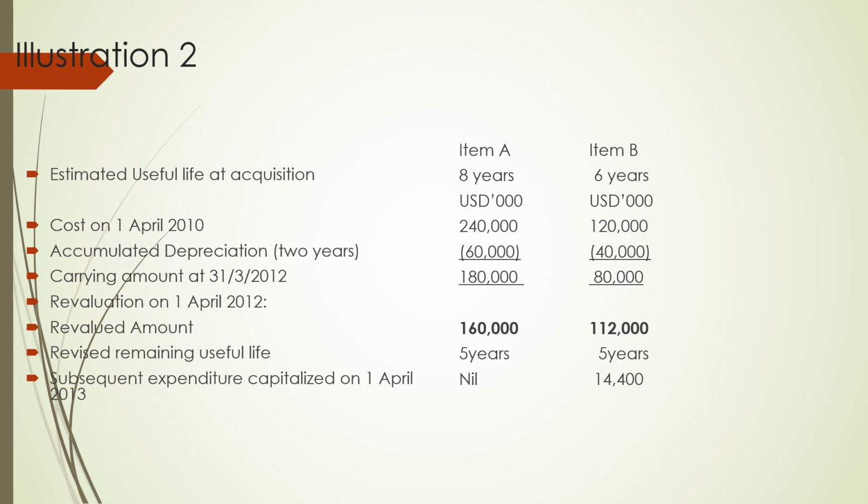Those were discussed in our previous video. That means that this expenditure met some of these conditions. That's why we have to add it to the revised cost for item B.